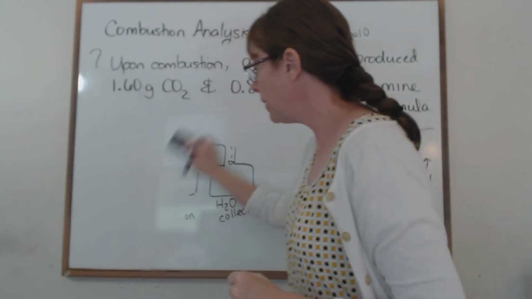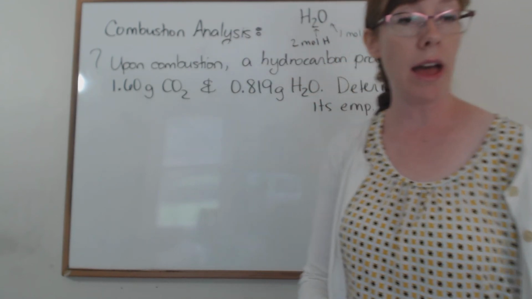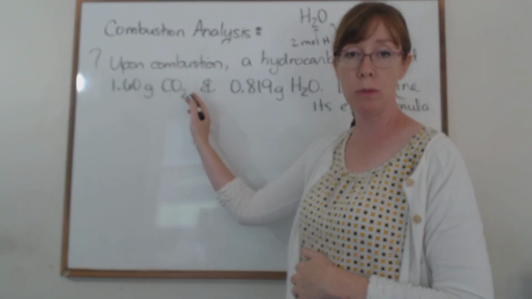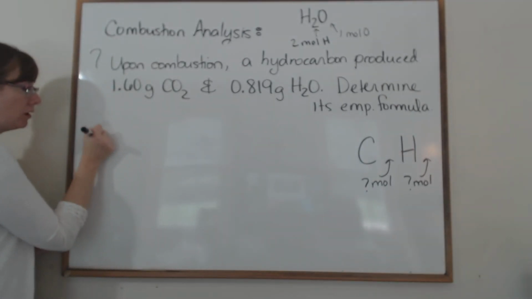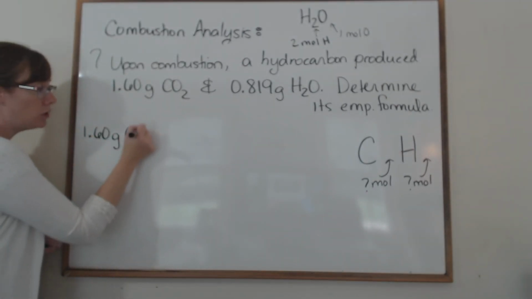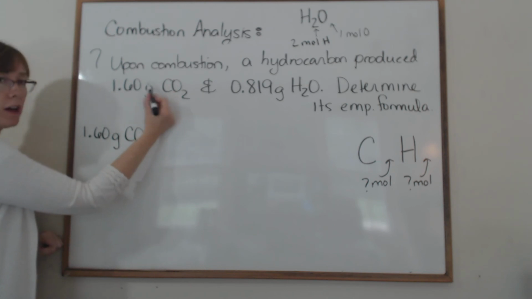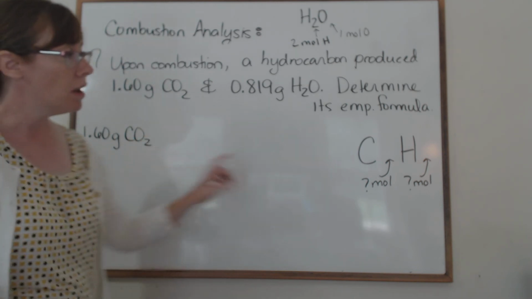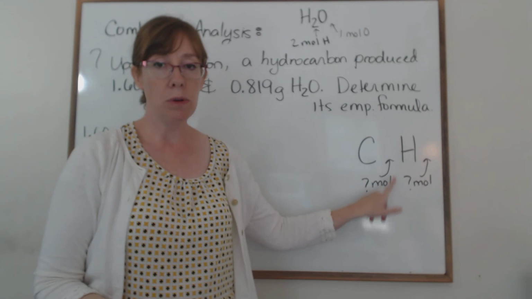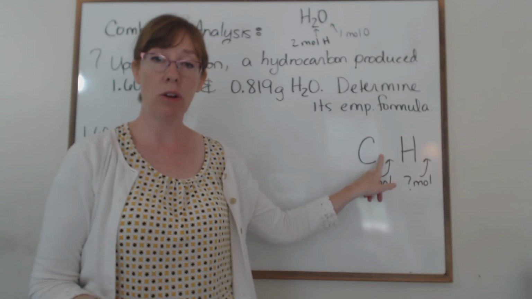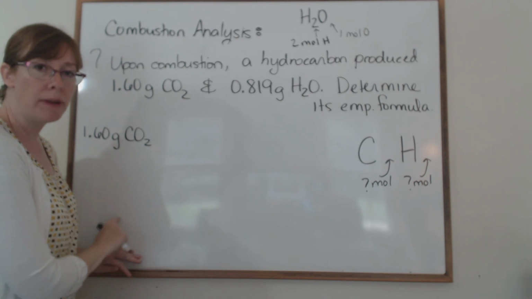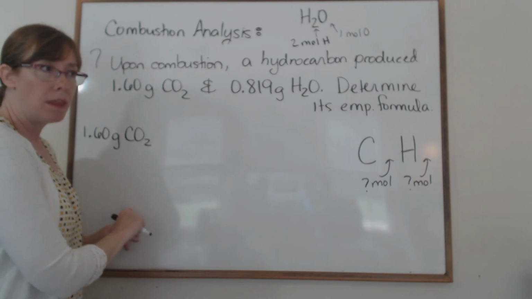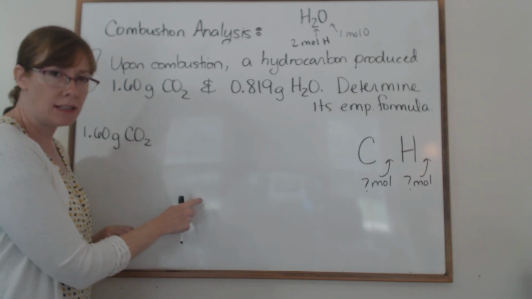So how do we deal with the data? I always just start with whatever one's written first. 1.60 grams of CO2. Don't ever not follow who you're talking about. We are trying to figure out the moles of carbon. That's really our goal here. Oh, and I erased it, but did you notice that all of the carbon in the hydrocarbon gets deposited into the CO2?